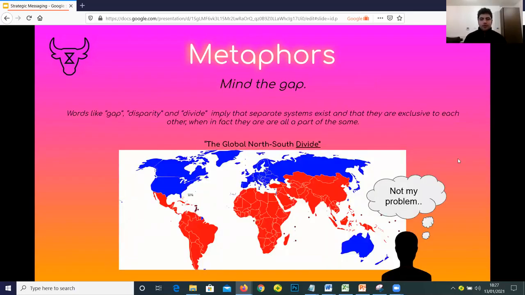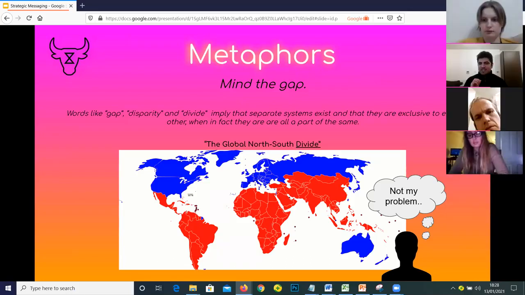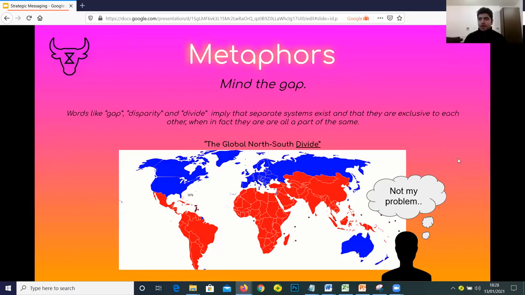Annette Shenko-Osorio, a strategic messaging expert, identified a mistake in a lot of people's messaging, where the word gap or disparity or divide is used. Annette said this is problematic because if we imagine a gap or a divide, it implies that two separate systems exist when they're actually part of the same system, and that separates the problem.